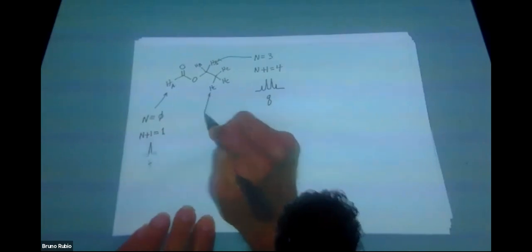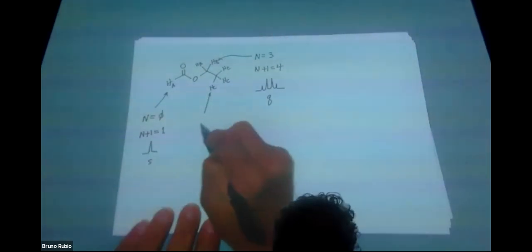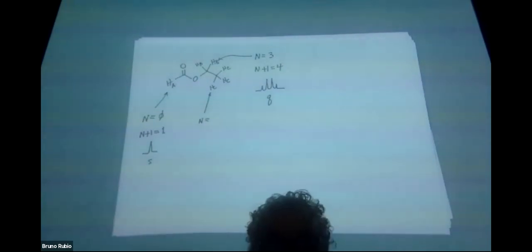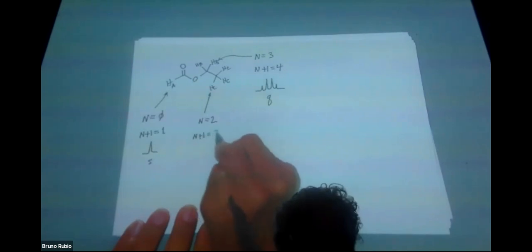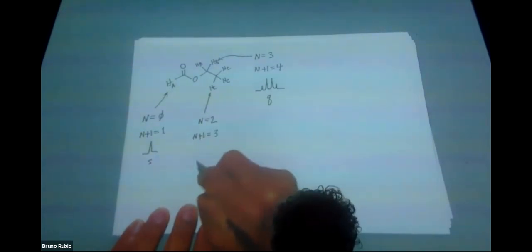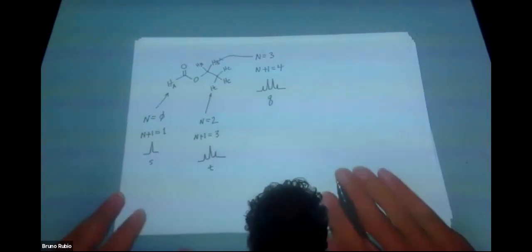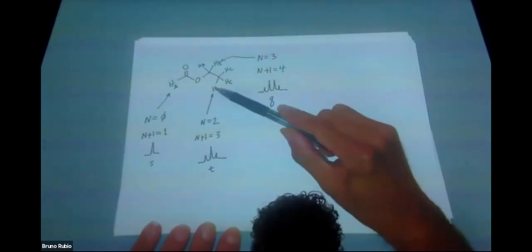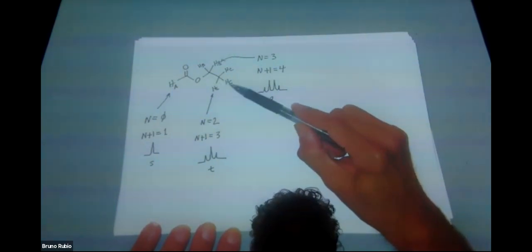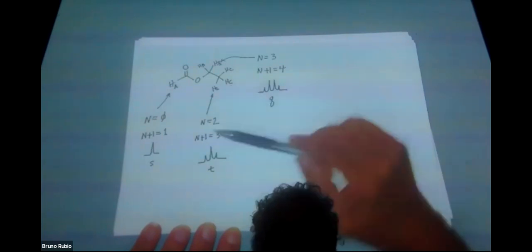All right, so now let's try it for the HC. What is the value of N for the HC? It's not 3. The value of N for the HC is 2. N plus 1 is equal to 3. That's going to be a 1 to 2 to 1 triplet. Okay, so let's take a little trip from HC, 2 bonds away. We hit another HC. Protons that are equivalent to each other do not split each other.